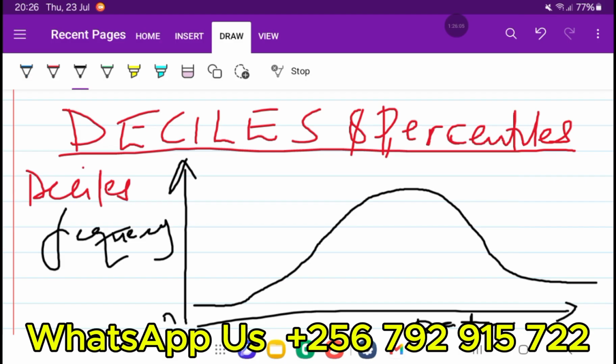You will have to understand from the normal distribution. The moment you see me drawing some of these things, don't take them for granted, because we are going to find them on the other side. In the middle, we shall have the D5, decile 5. I'm not going to draw all because they can't fit here.